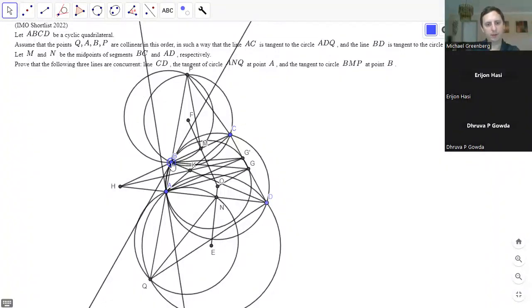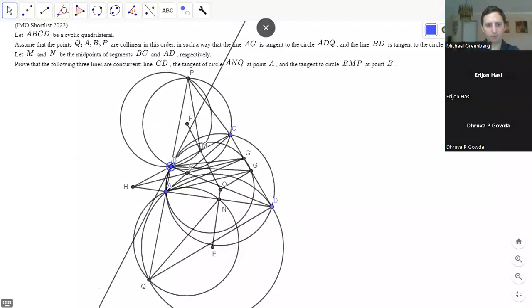I wanted to use medians and semedians. So this would be a semedian, and so if we take the midpoint of AB, but I should be able to do it a different way.